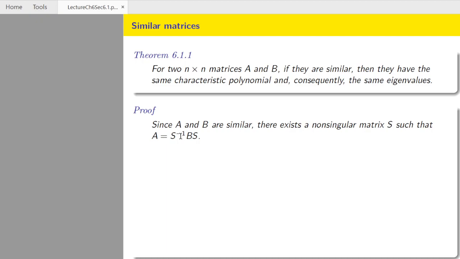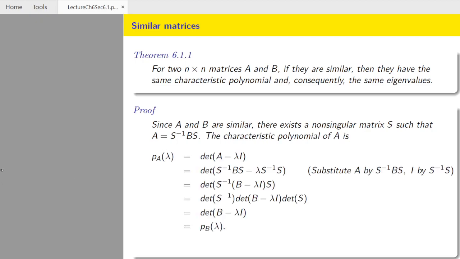From this, we want to show the characteristic polynomials of A and B are the same. Here is the characteristic polynomial of A. By definition, that equals the determinant of the matrix A minus lambda I, where I is the n by n identity matrix.